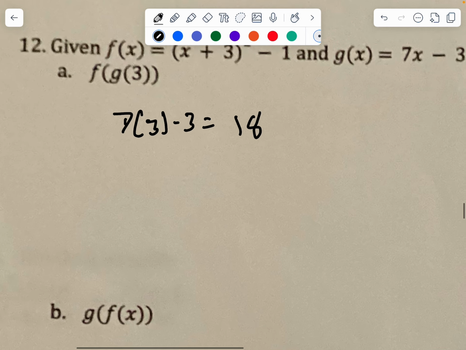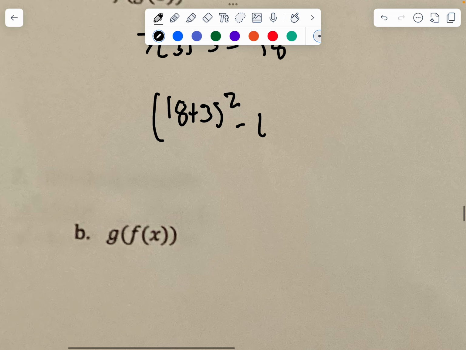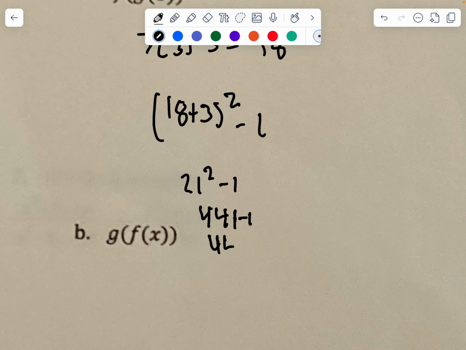Now I plug 18 into f, so 18 plus 3 squared minus 1, which is 21 squared minus 1. 21 squared, you can put that in your calculator. I know you know how to do that. So it's 441 minus 1, 440.